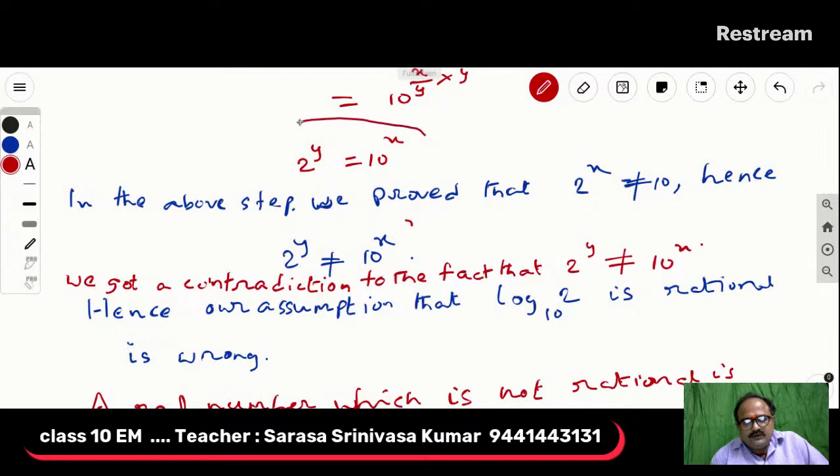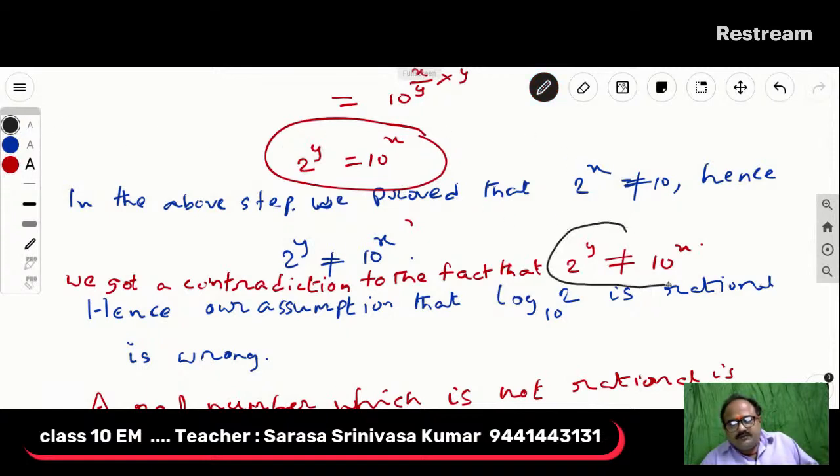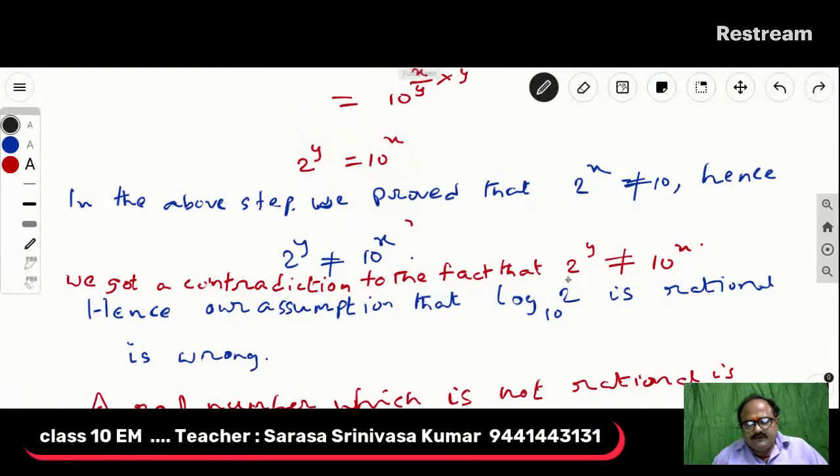We got that 2 to the power of y equal to 10 to the power of x, but it is not true. We have already proved that 2 to the power of y cannot be equal to 10 to the power of x. 2 cannot be expressed in terms of 10. 2 to the power of n cannot be equal to 10.